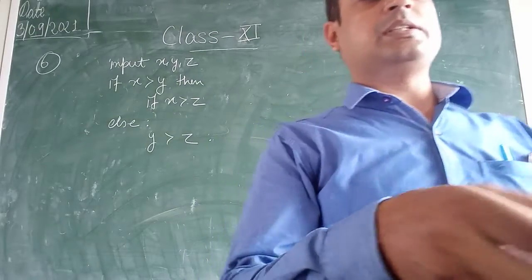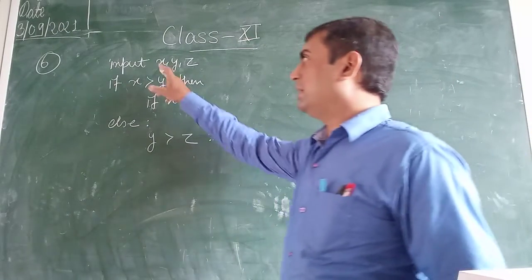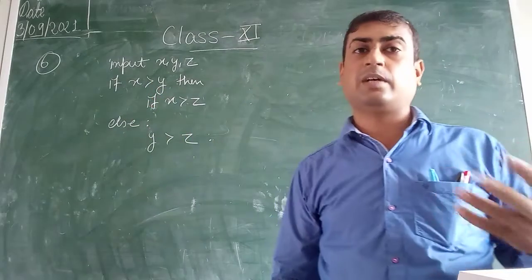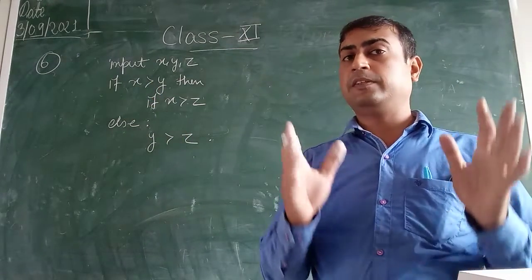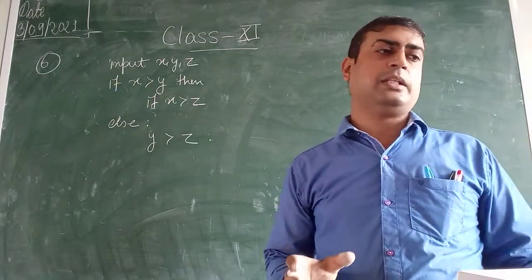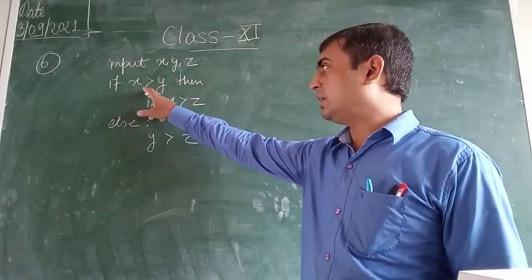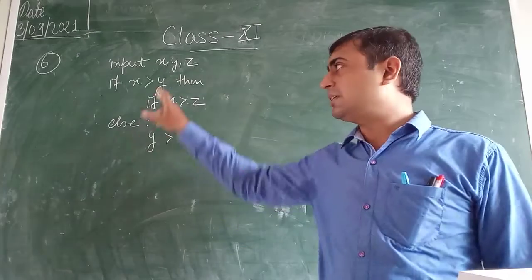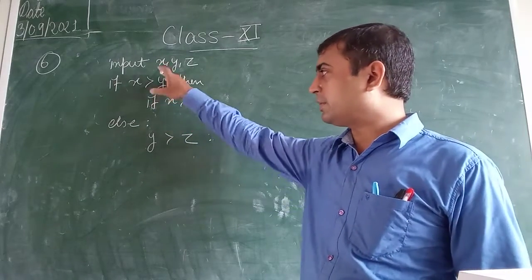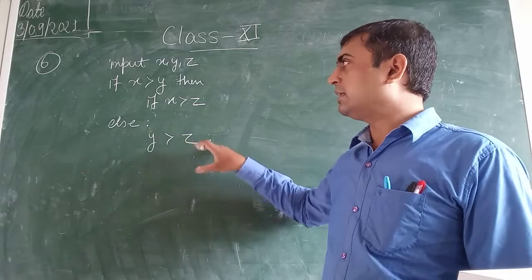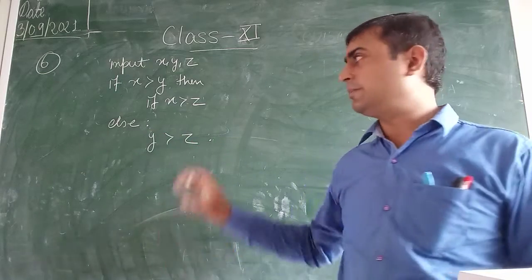Means how this program is running: input x, y, z. If x is greater than y, and if it is true, then the yes part will be evaluated. So the yes part is x is greater than z, so I have written here. If it is not true, it will not work there, it will come here. y is greater than z.